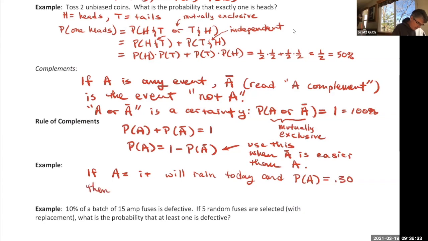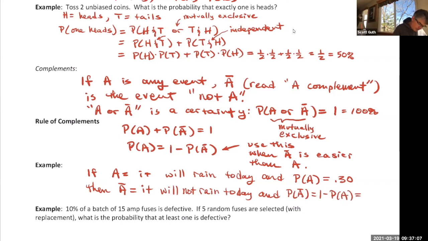Then A complement is it will not rain today. And the probability of A complement is 1 minus the probability of A, which is 1 minus 0.30. And of course, that's 70%.